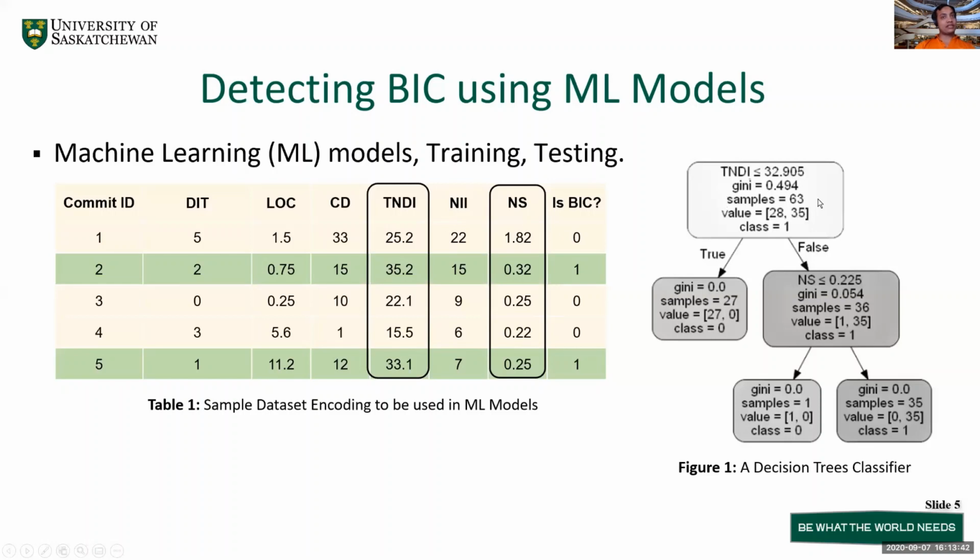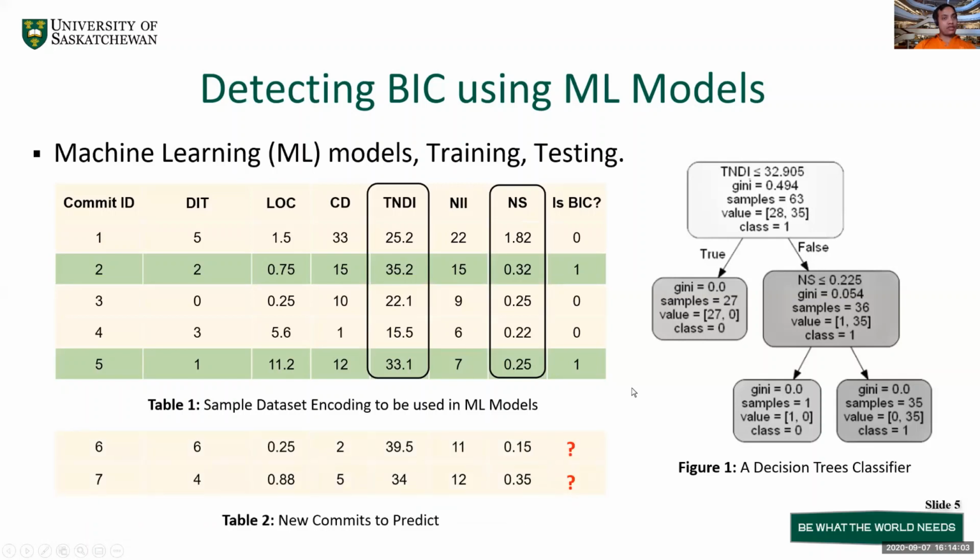As there are 63 data samples, this decision tree is able to find a pattern in the data and classify them using only these two feature values.